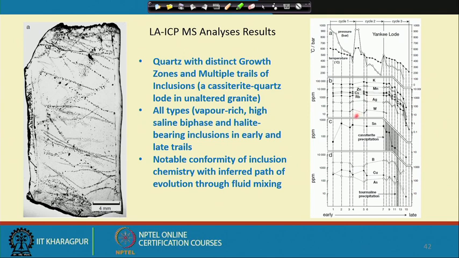These are the species which were analyzed, and we could clearly see that there are conditions, because of the temperature and salinity, in which most of the metals were held in solution, they were transporting, and there were domains after the mixing, where the temperature and salinity values decreased, the fluid mixed with the meteoric fluid, and then the deposition of the metals took place, where the fluid inclusions show very decreasing concentration of such metals. So, the conformity of the inclusion chemistry with the inferred path of evolution of the fluid mixing is quite notable here.